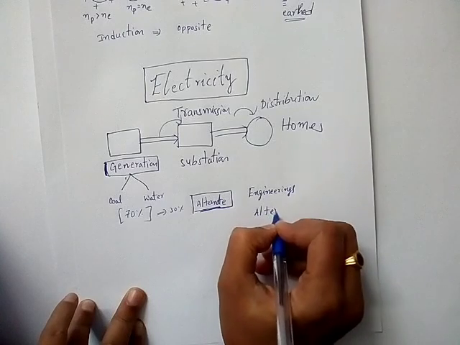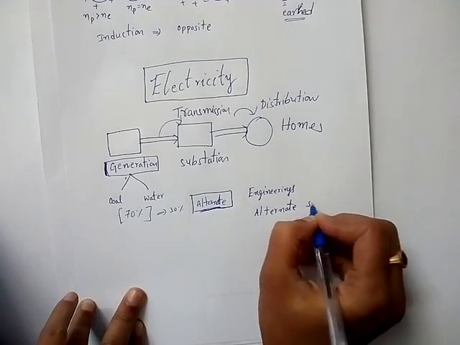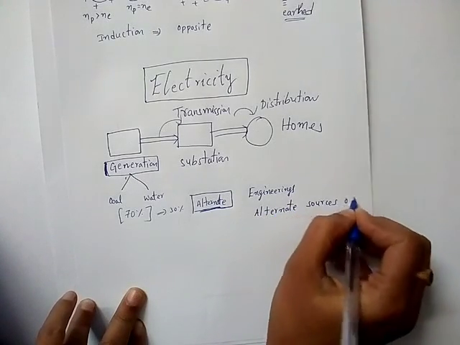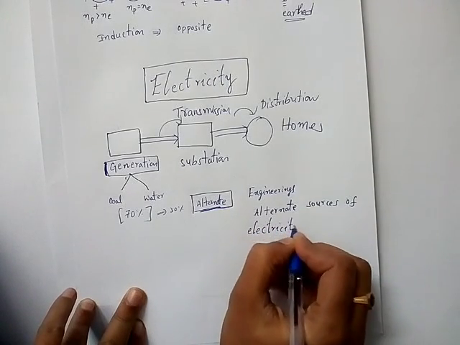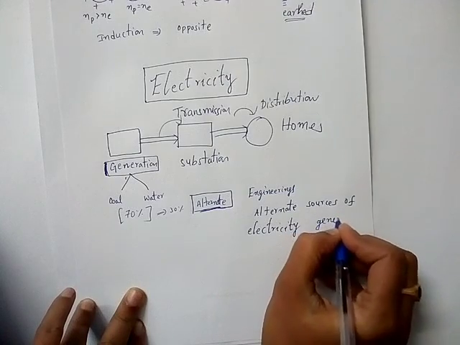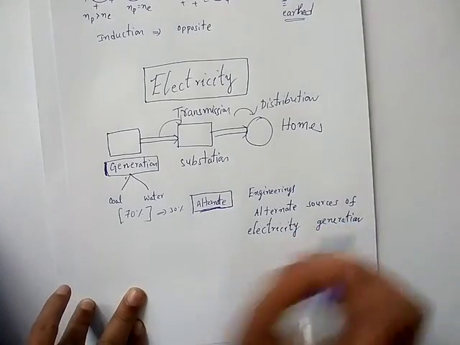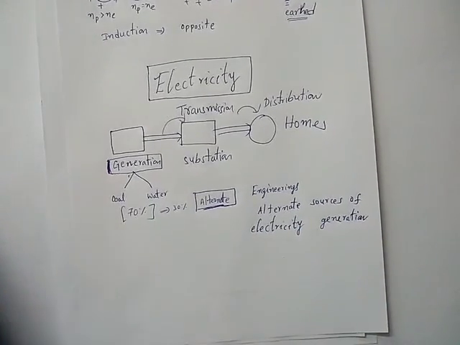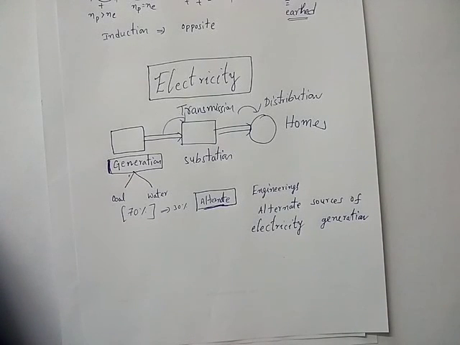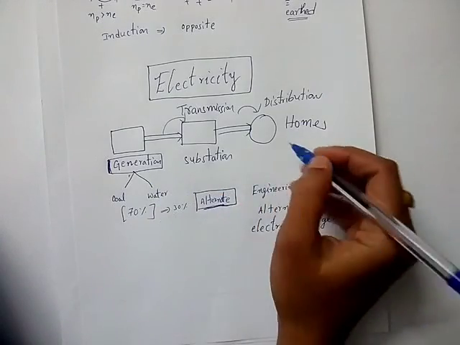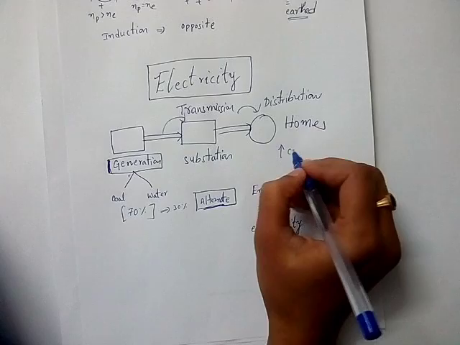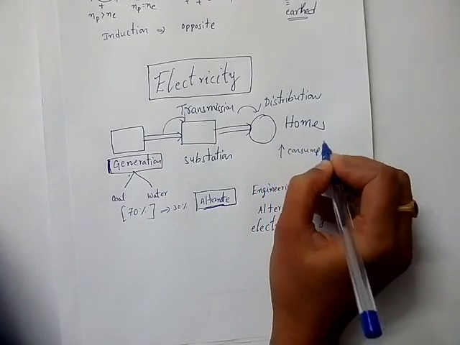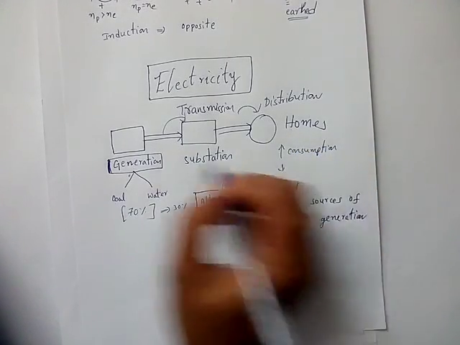alternate sources of electricity generation in your further studies, so that it will be helpful not only for India, for the entire world. There is an increase in consumption, but for generation, we need coal and water.